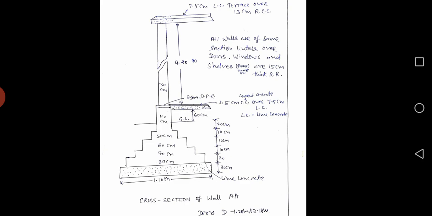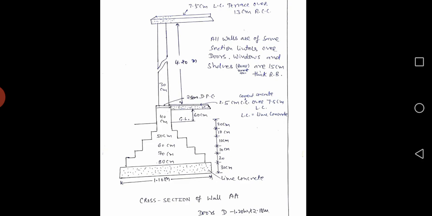Then the superstructure wall. The superstructure wall is 30 centimeter width and 4.2 meter height, and after the superstructure wall the terrace is there. The slab is 13 centimeter RCC slab, and the finishing is by 7.5 centimeter lime terrace over it.